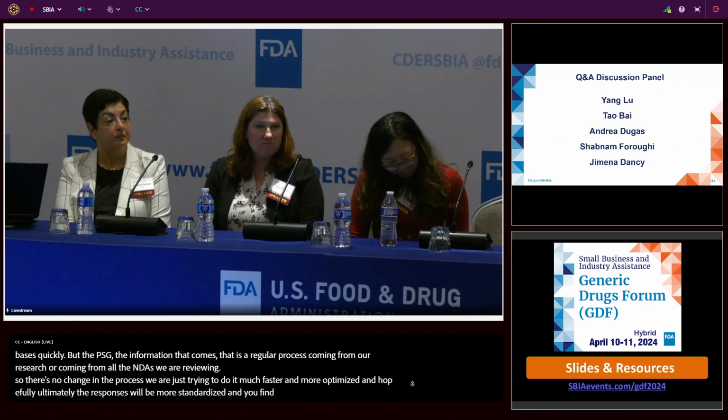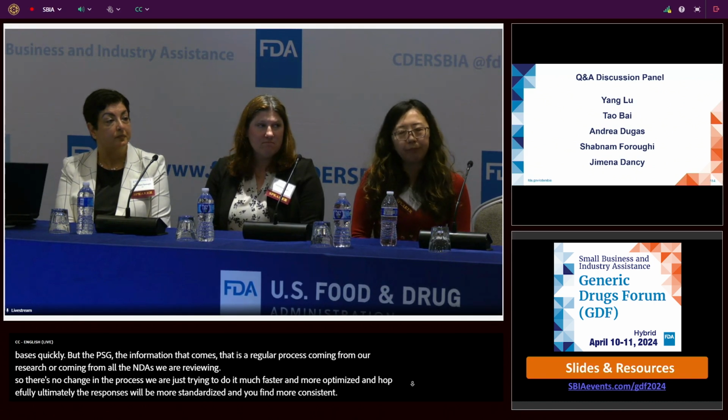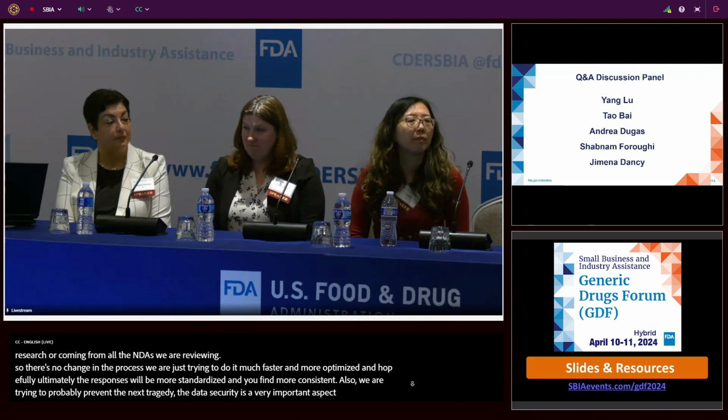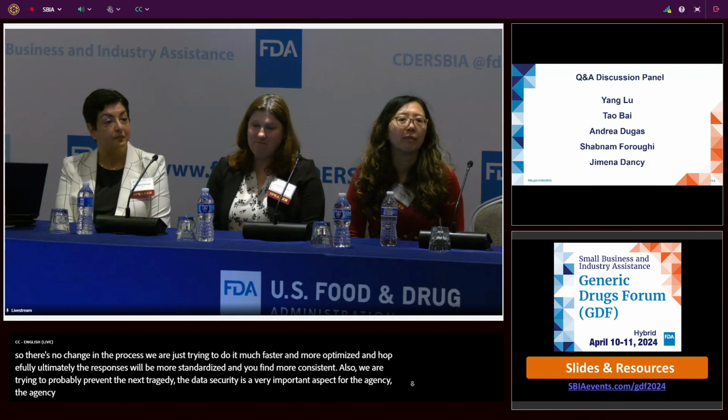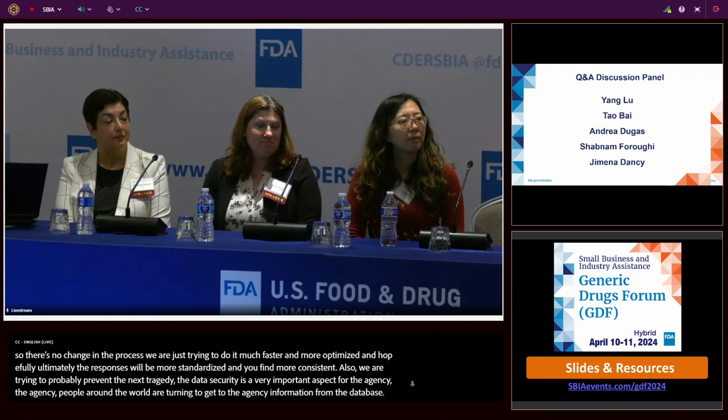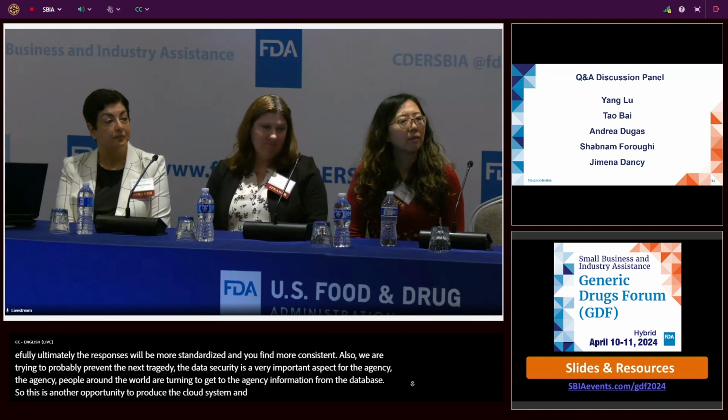And also, we're trying to prevent the next tragedy. Data security is a very important aspect for the agency. People around the world are trying to get to the agency information in the database. So this is another opportunity to put it in the cloud system and have greater security of our data. That's one of the reasons we are going into more structured review.